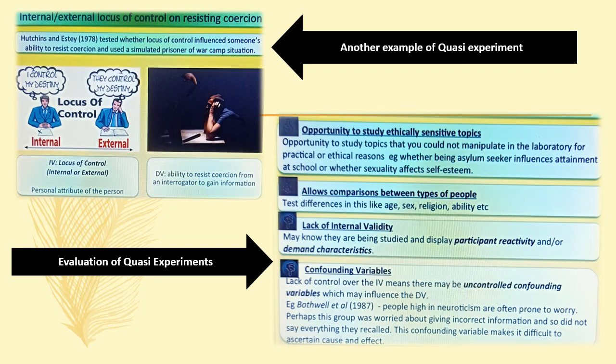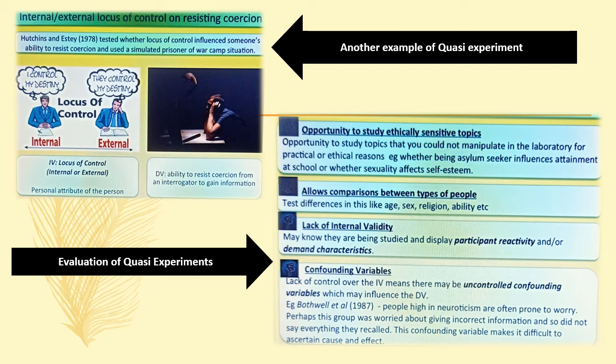Next, there are confounding variables. Lack of control over the independent variable, IV, means there may be uncontrolled confounding variables which may influence the dependent variable, DV. Example, Bothwell et al. 1987 found that people high in neuroticism are often prone to worry.